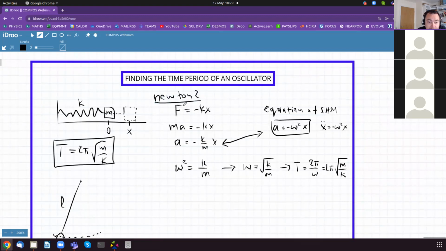And from there, you compare the resulting equation with the original equation, and you find omega. And finding omega allows you to find T. Does this make sense? On a scale of 0 to 10, please.